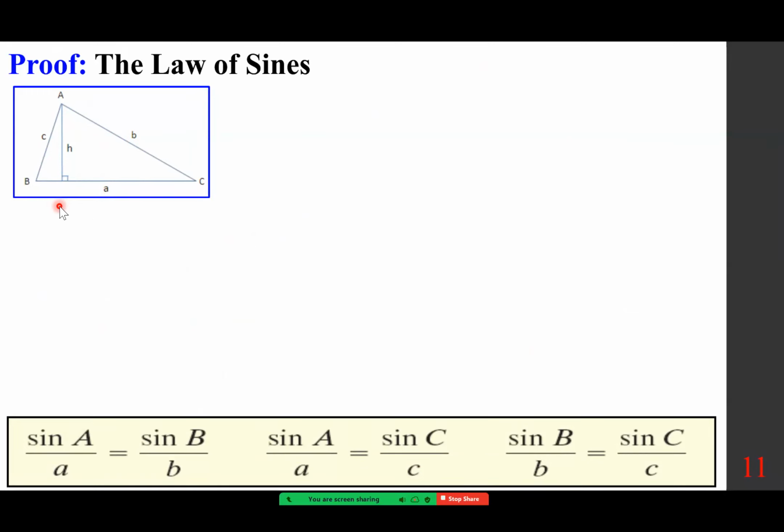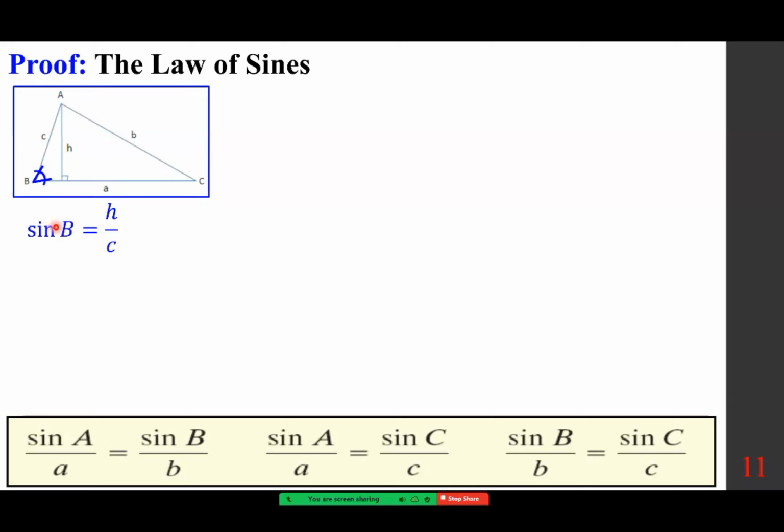And this is angle B. Sine of B, in this smaller triangle, because it's cut into two and you drop a perpendicular, it's the opposite, which is H, over the hypotenuse, which is C. So in this triangle, H over C. Therefore, what is the value of H?